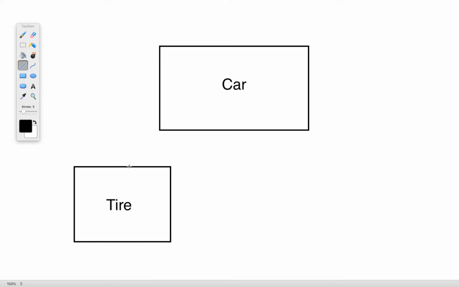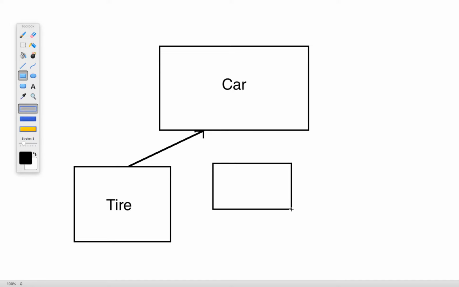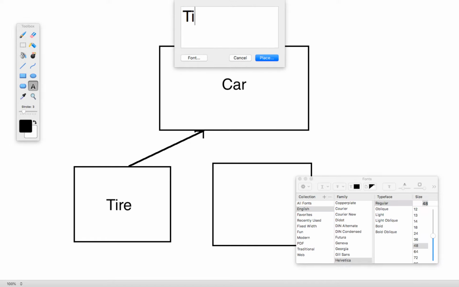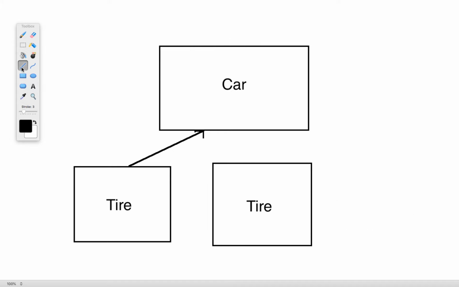So you imagine that you have each one of these tire objects that will then be inside of this car object. Okay, so we'll make at least a couple of these. So you have this general idea of essentially placing objects into another object.